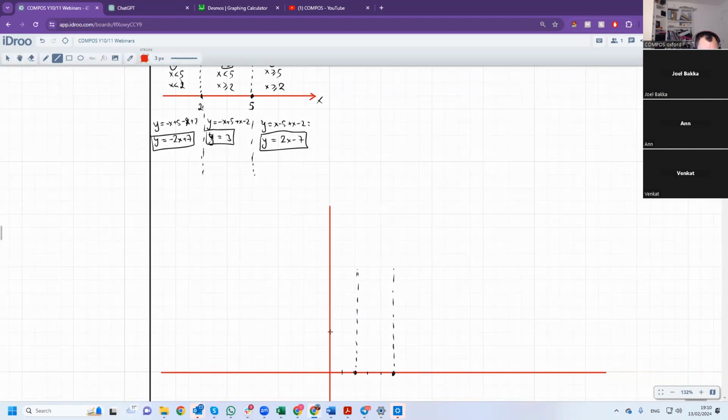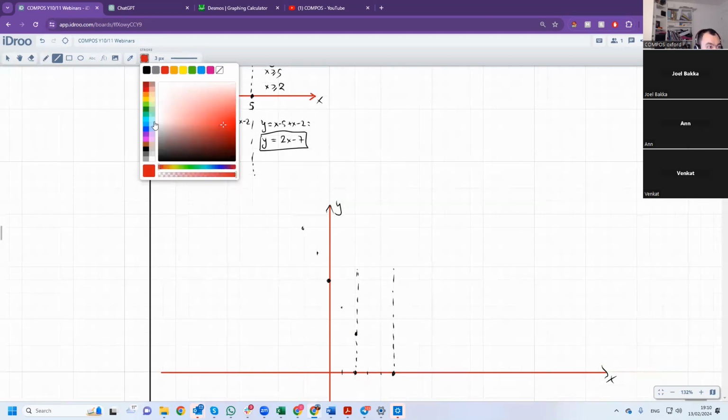It goes through this point, and the gradient is minus 2. It's a straight line that goes like this.